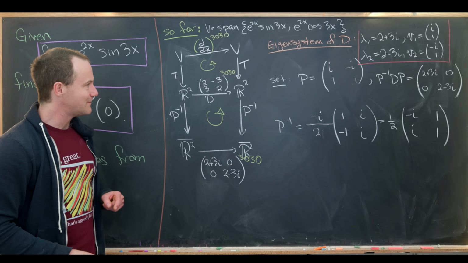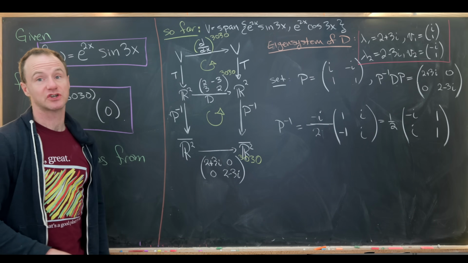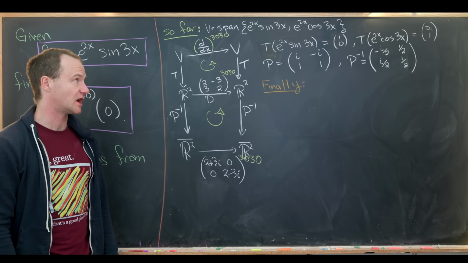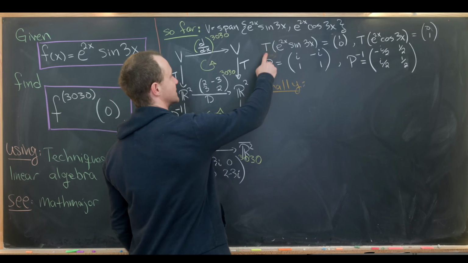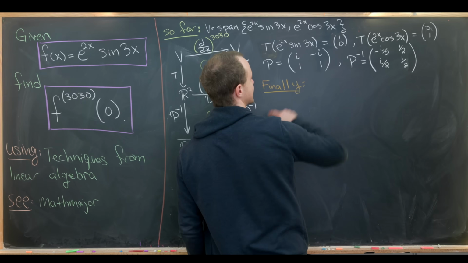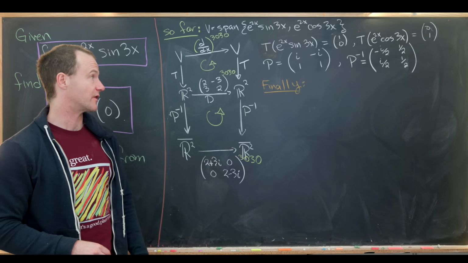Okay, so keeping that in mind, let's get rid of this and then we'll finish it all off. So now we've got all of the parts in place and we're finally ready to finish it off. So here I've reminded ourselves that this map T takes the function e to the 2x sine 3x to the vector (1, 0), and then it does something similar to our other function.